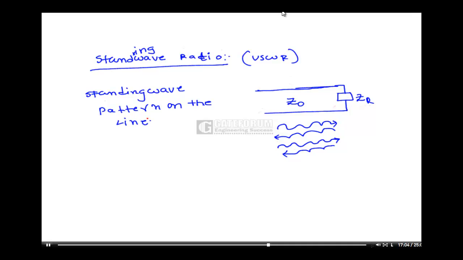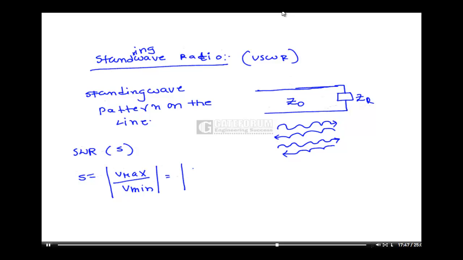That is, the incident voltage and the reflected voltage combined. If you calculate over the entire length, there will be some particular voltage at a point at a particular time. It forms a standing wave pattern on the line. This is defined as the standing wave ratio. S is given by the magnitude of maximum voltage on the line by minimum voltage on the line.